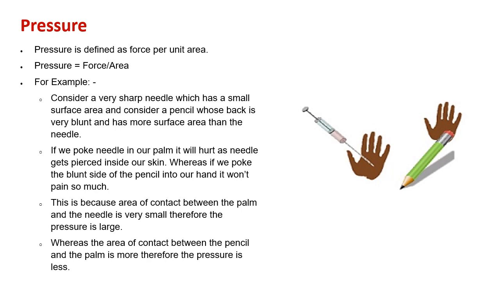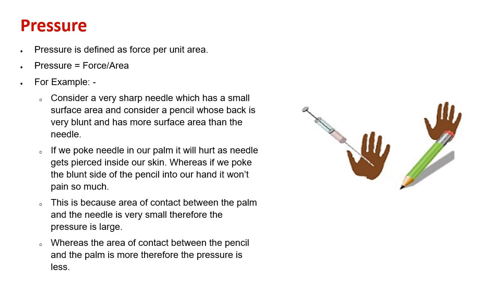For example, consider a very sharp needle which has a small surface area, and consider a pencil whose back is very blunt and has more surface area than the needle, as shown in the diagram. If we poke a needle in our palm, it will hurt as the needle gets pierced inside our skin.